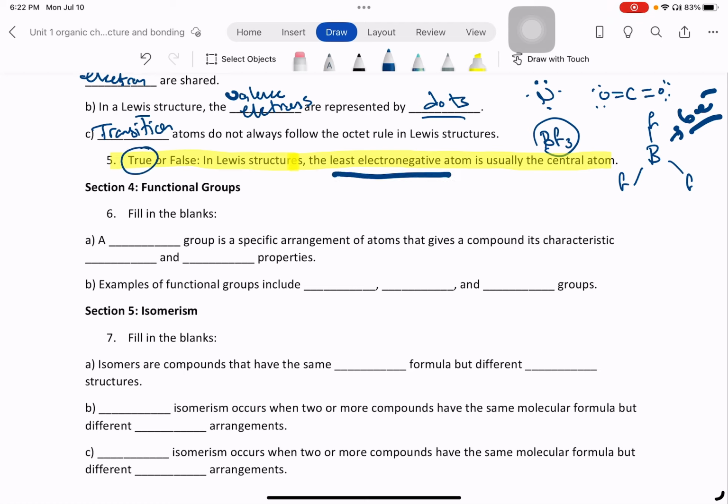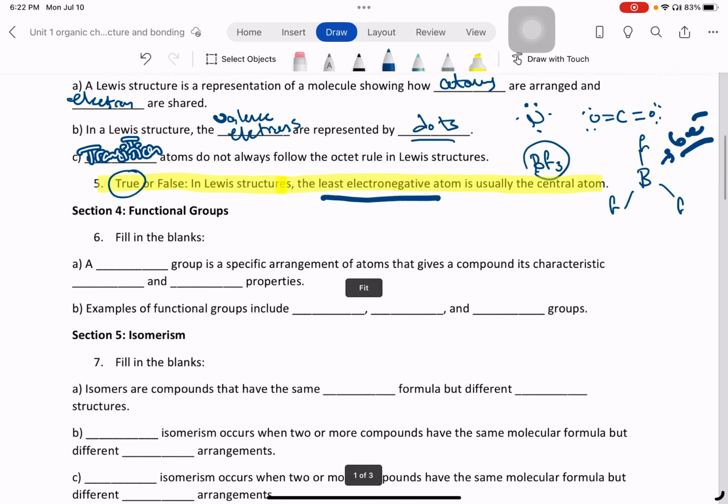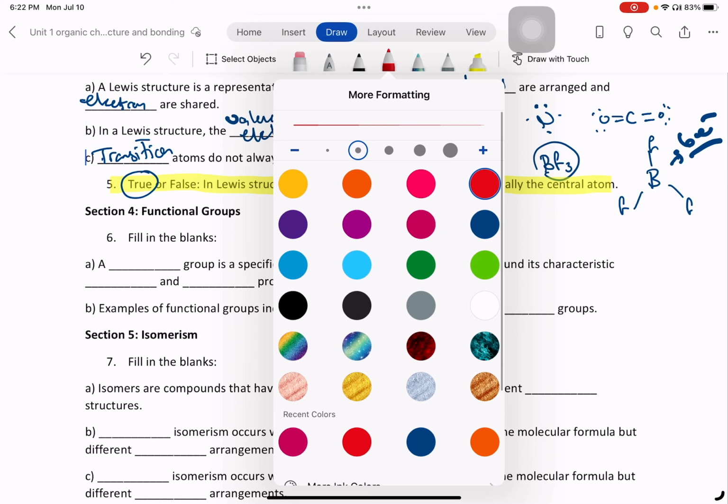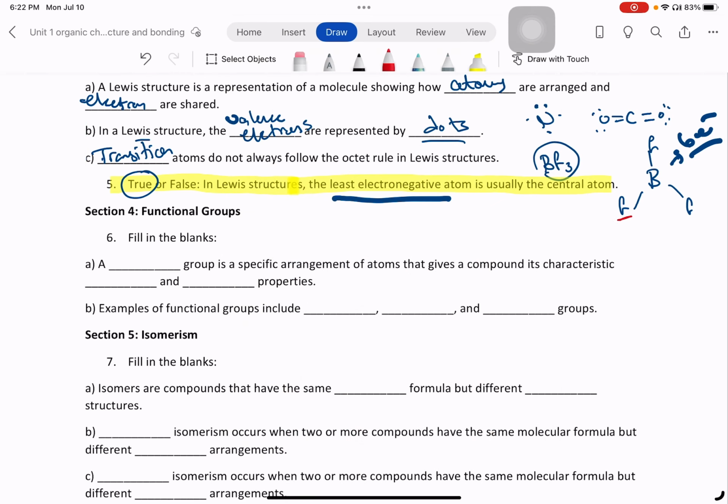The most electronegative atom is going to be on the periphery, and that's an example that I just gave right over here. So here we can see that the most electronegative is away, and the least electronegative is in the center. Don't make the same mistake that I made right now: the least electronegative atom is the one that's in the middle. So we can say that the carbon is usually in the middle.